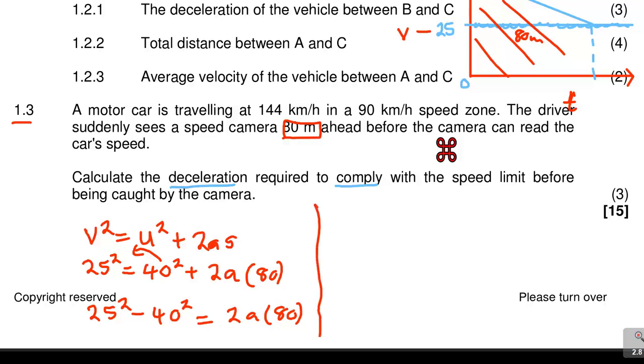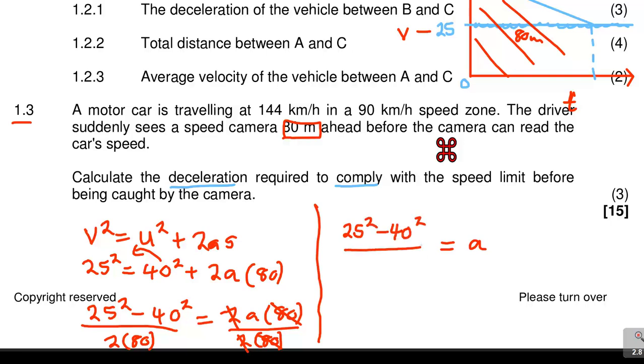Now for you to be able to solve this, you have to remember you are interested in acceleration, which is a. So divide by 2 bracket 80. That's what you want to remain with, a of 2 bracket 80, so that the 2 cancels this side and the 80 cancels this side. So what you're left with on the right hand side is now your a, which is 25 squared minus 40 squared over 2 times 80.